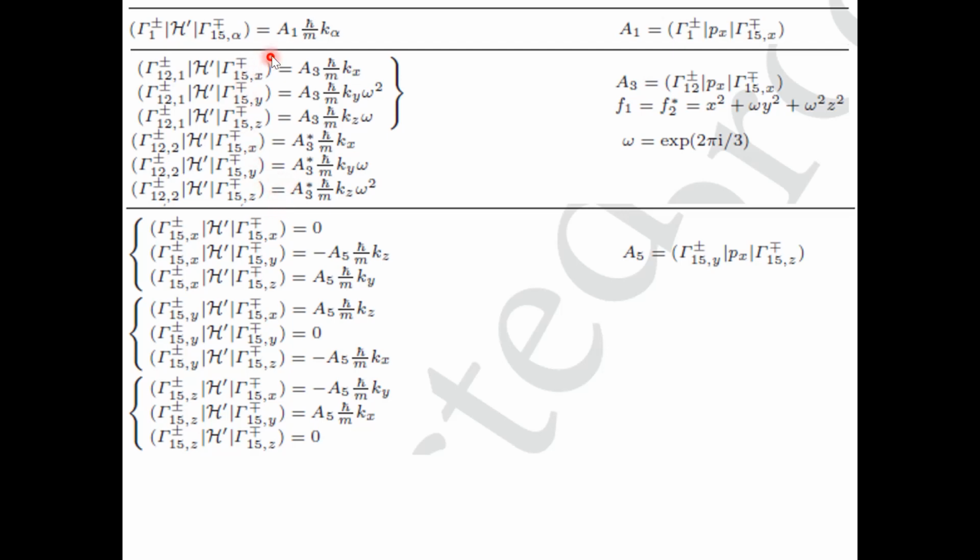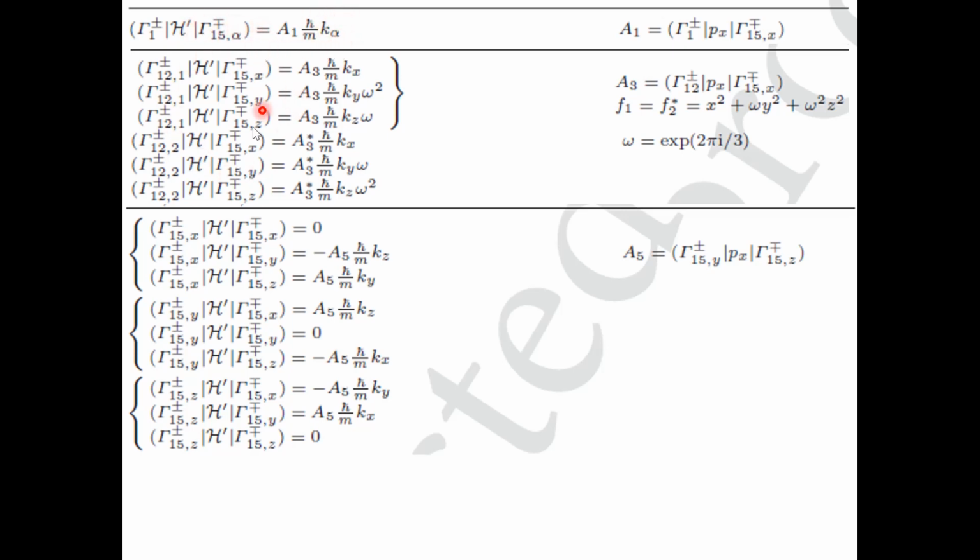For instance, if you consider the matrix element between gamma 1,5 minus alpha being x, y, or z, and an intermediate state with the symmetry gamma 1 plus, it's basically the same quantity multiplied by k alpha, the alpha component of the wave vector, right?